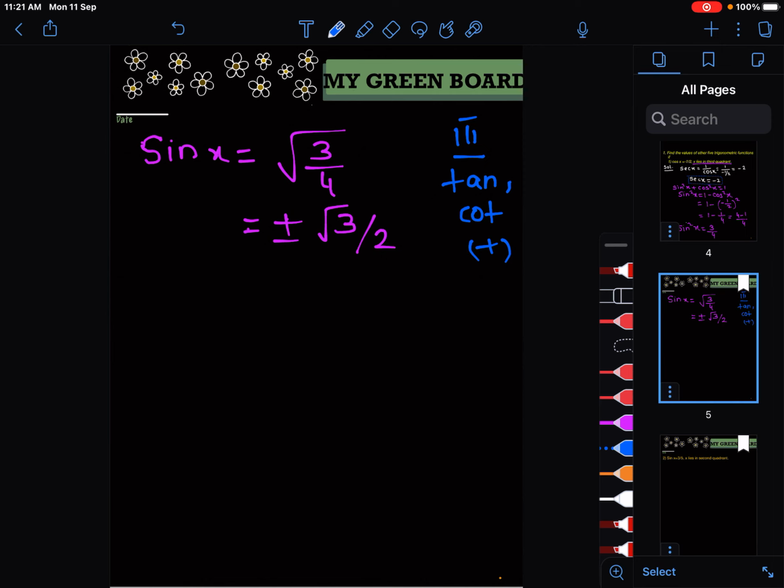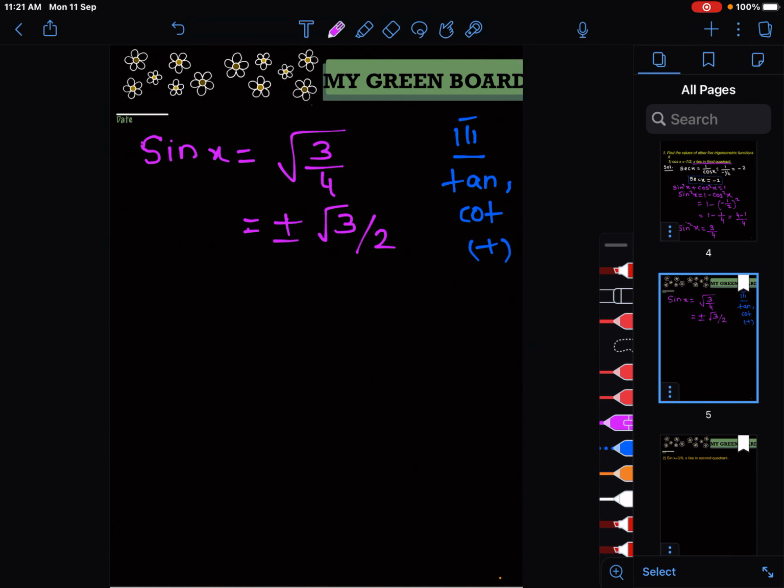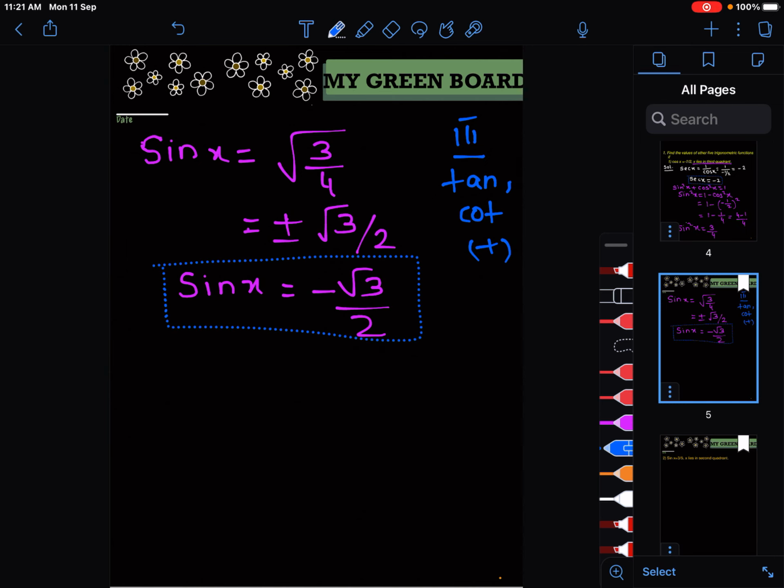So your answer would be sin x equal to minus root 3 by 2. This is your answer for sin x. We have got the value of this trigonometric function sin x.